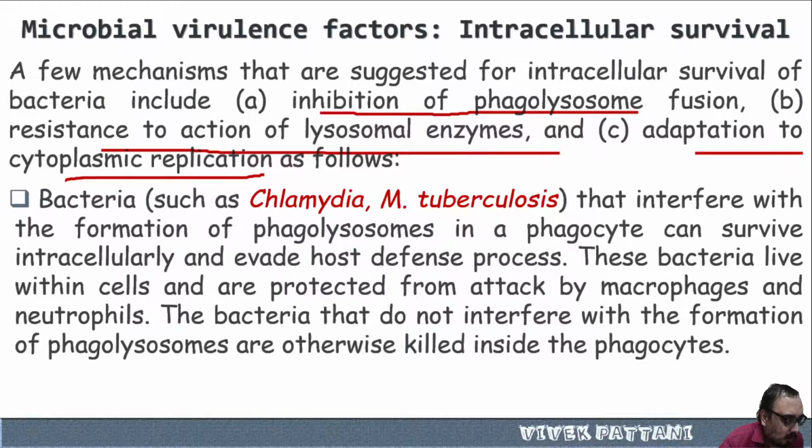These bacteria live within the cells and are protected inside the macrophages and neutrophils, whereas other bacteria that do not interfere with the formation of phagosomes are otherwise killed inside the phagocytes. So these bacteria can interfere with the formation of a phagolysosome.